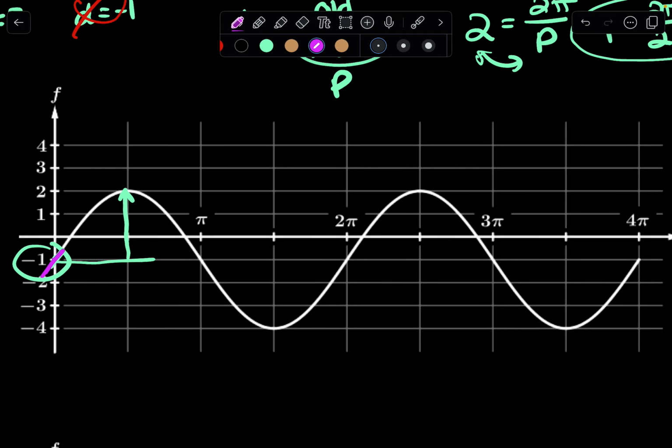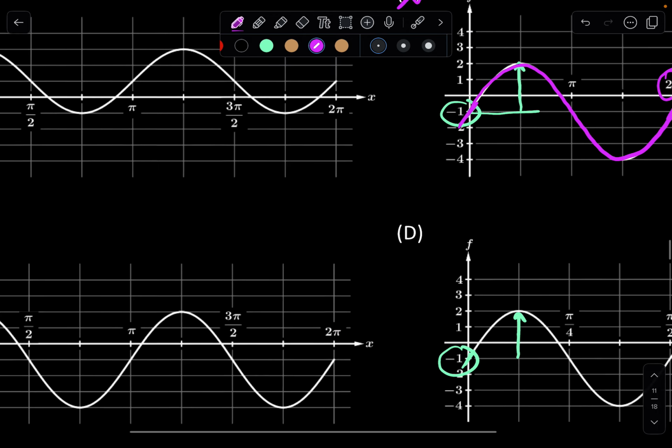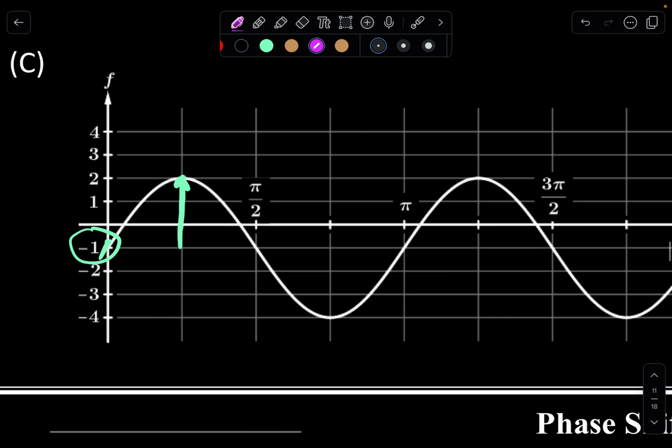So we'll start with this one. So it's increasing through the midline. I see this event occur here at 2 pi, which is twice as big as the new period that we want. So that's not going to work. Let's try C. So again, looking for that sinusoidal curve crossing through the midline, increasing, I'm going up, decreasing, and up.